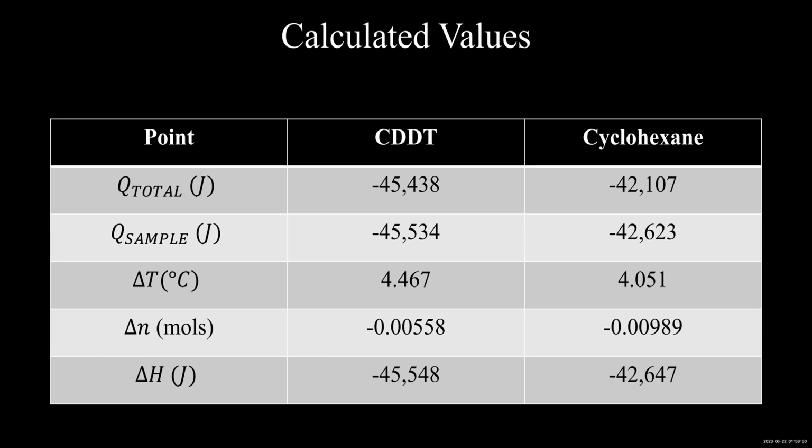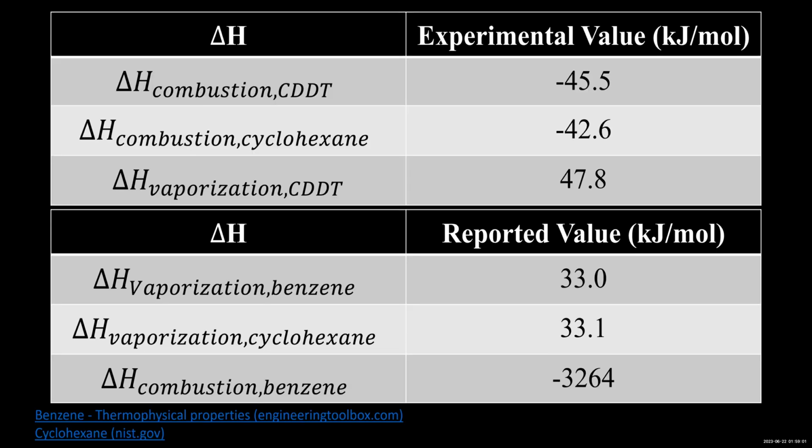And then here are the average calculated values for CDDT and cyclohexane to yield the enthalpy of combustion shown at the bottom with delta H for both. And here's just a table to summarize all of the enthalpies that I've been talking about, because some were calculated experimentally and some are reported.